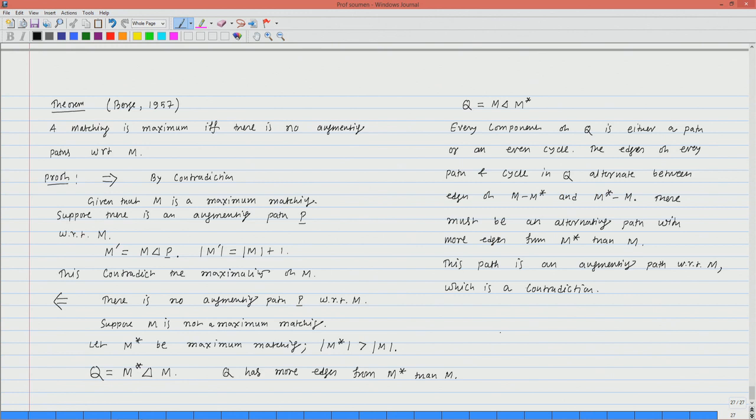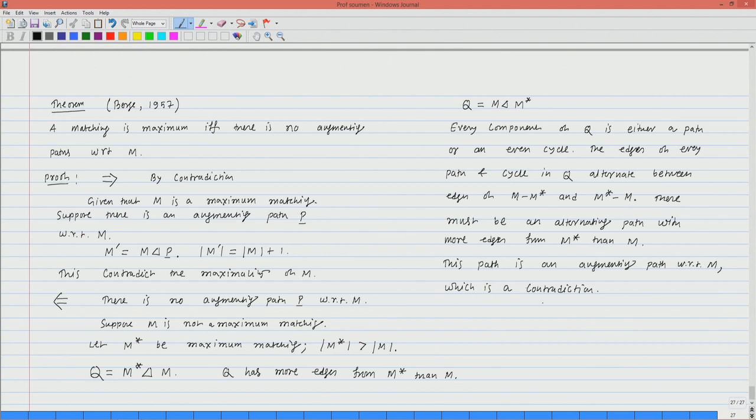Because we have assumed that there is no augmenting path with respect to M. It is given that there is no augmenting path with respect to M, and then for the sake of contradiction we consider M is still not a maximum matching, some other matching is a maximum matching.